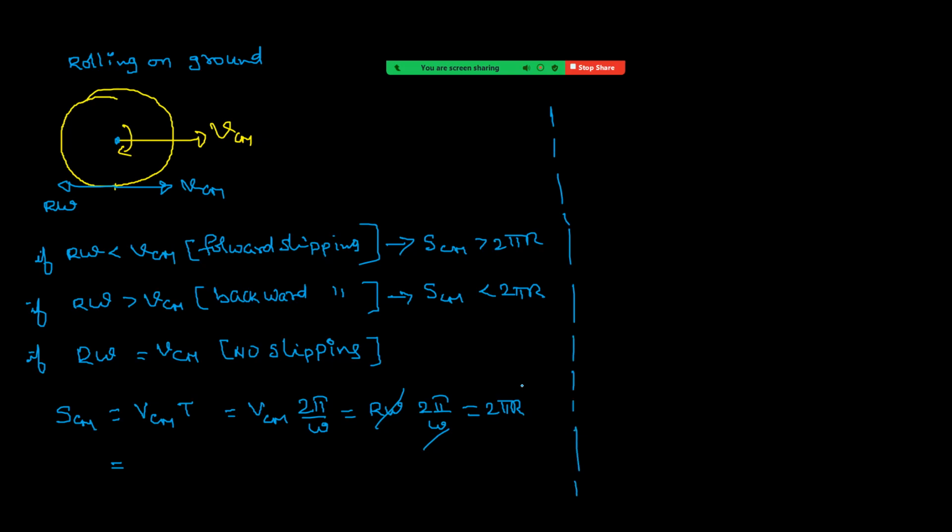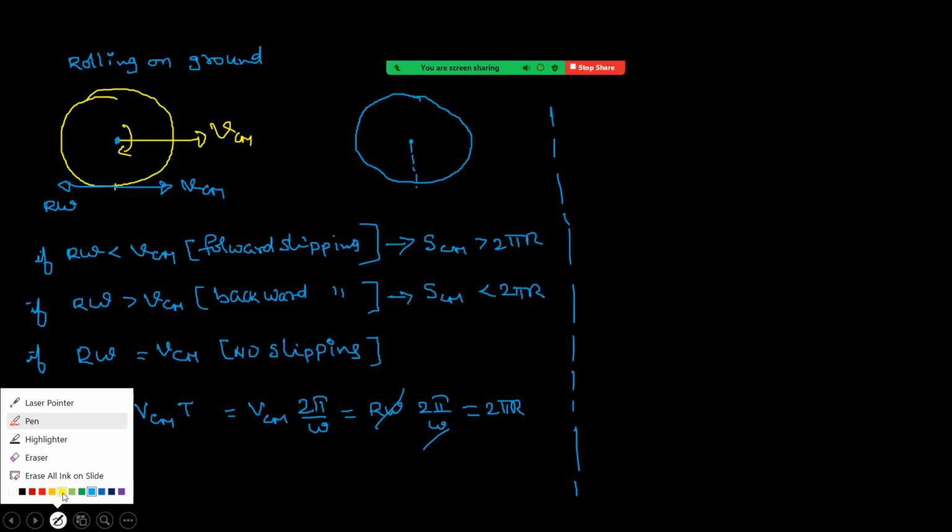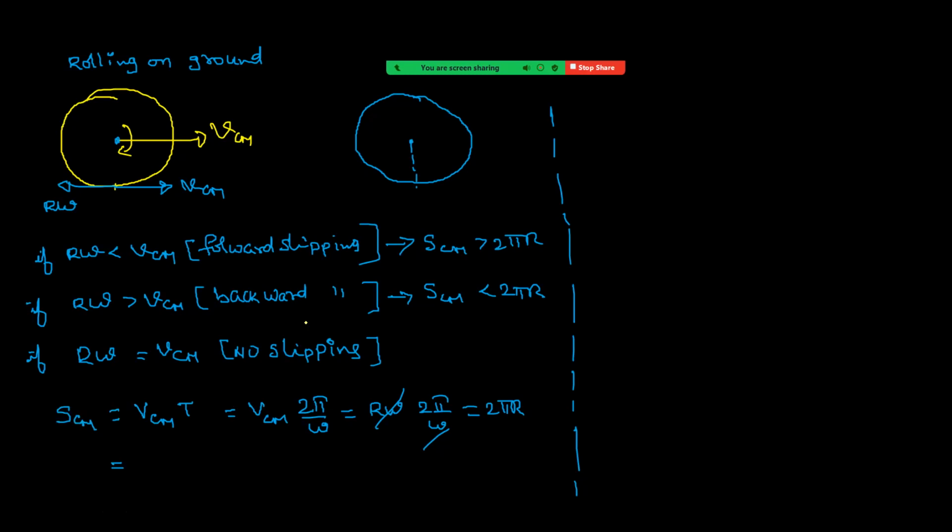Right, now focus carefully. If we consider a point on the circumference, the path of a point on the circumference is known as a cycloid. That path name is cycloid.